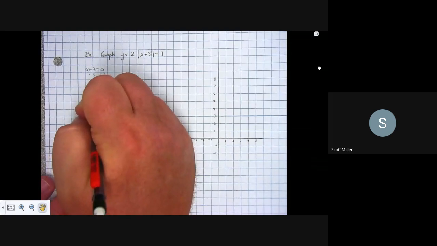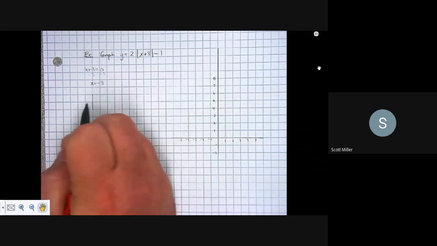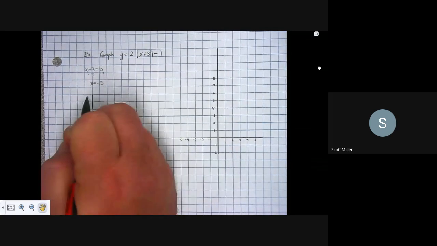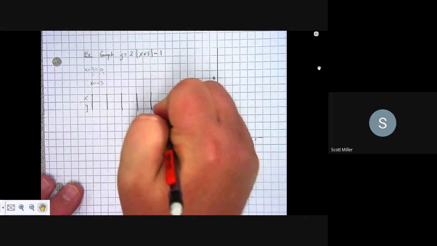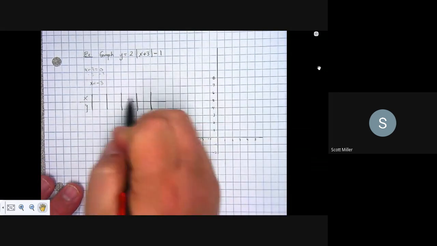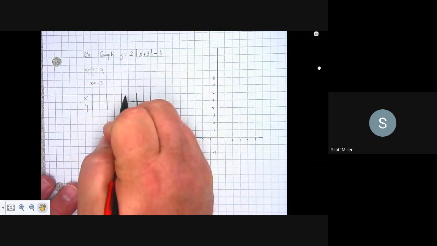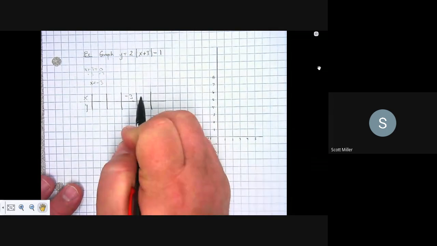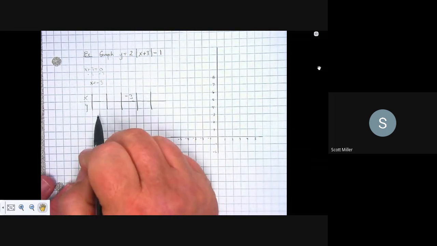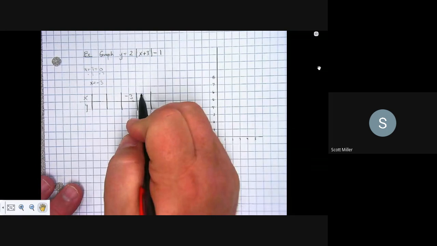So when you make a table of values, this number is going to go right in the middle. That is the x coordinate of the vertex, and you're going to pick two numbers above and two numbers below. You can pick any numbers that you want.